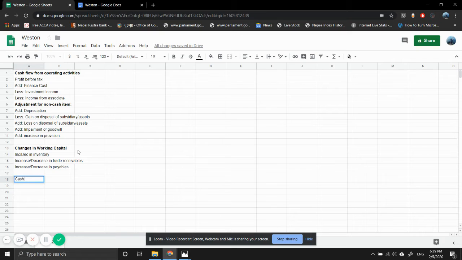This will give us cash flow from operations. And then interest paid, tax paid, right? And then this will be our cash flow from operating activities.